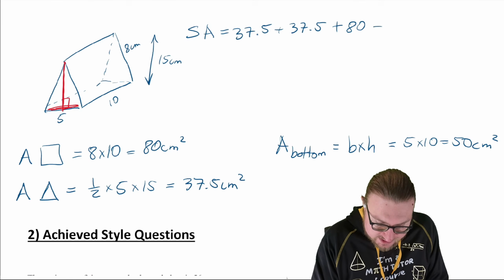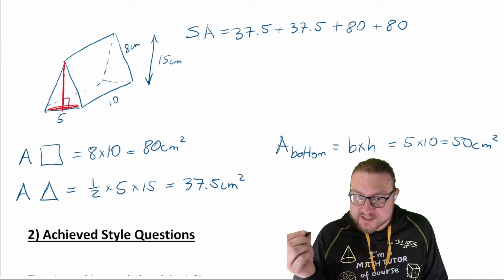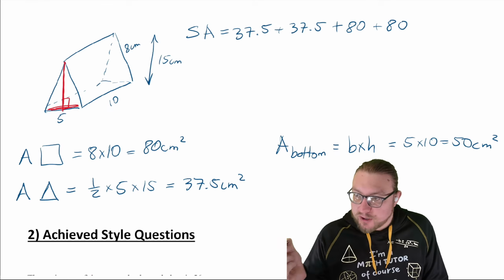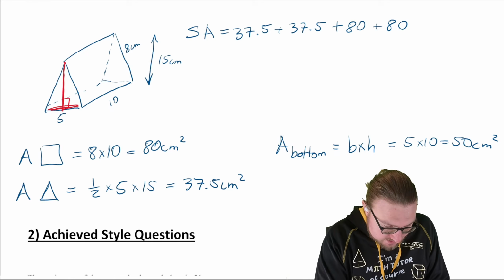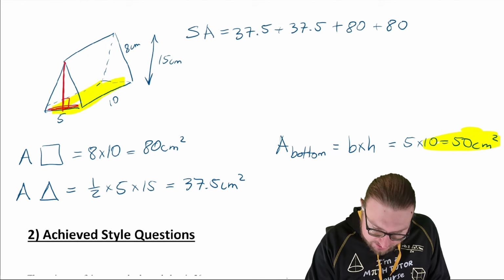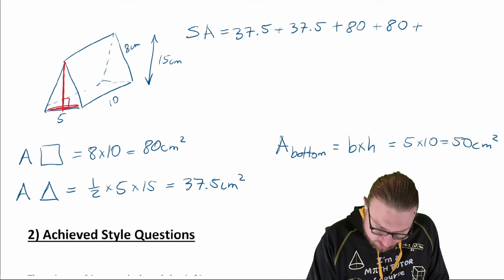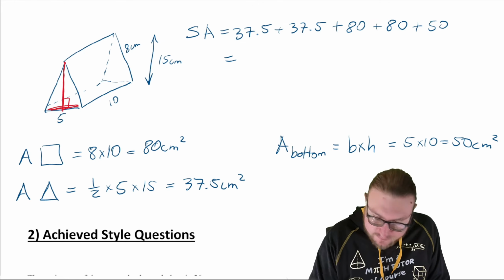So we have 80 and another 80. And now there's just one more side that's missing, which is the bottom. We calculated that here at the end, which was our 50. That's this part here at the bottom. So we're going to add that to our surface area as well, which is 50.